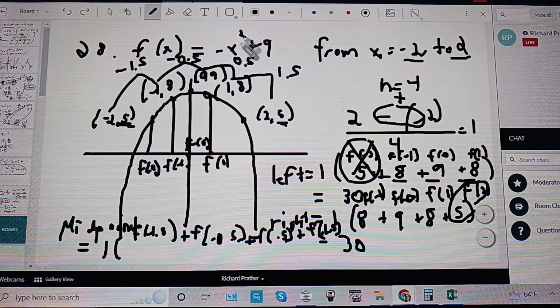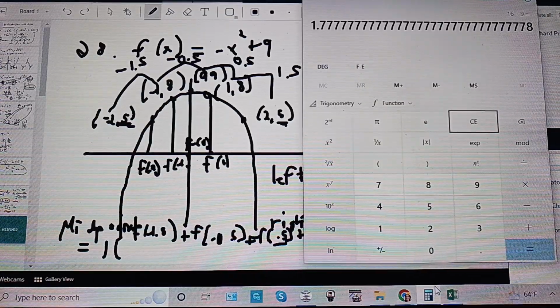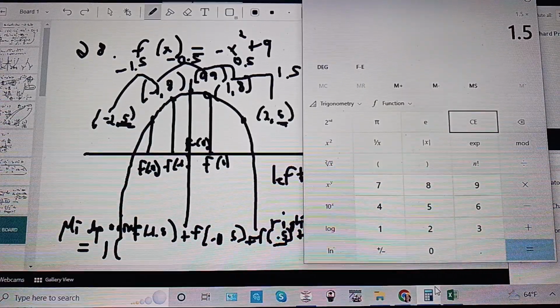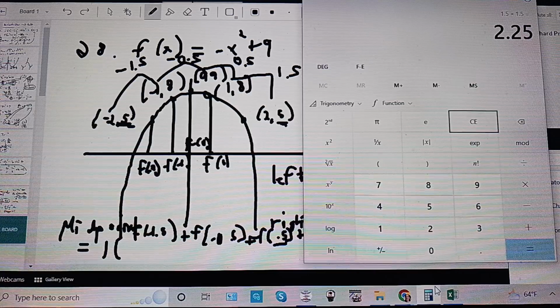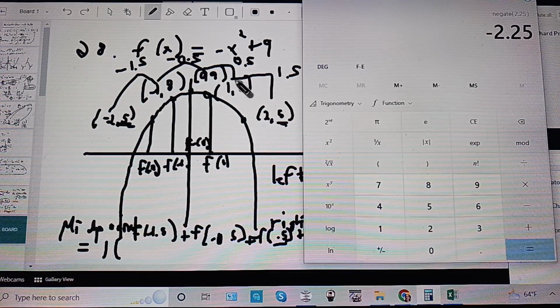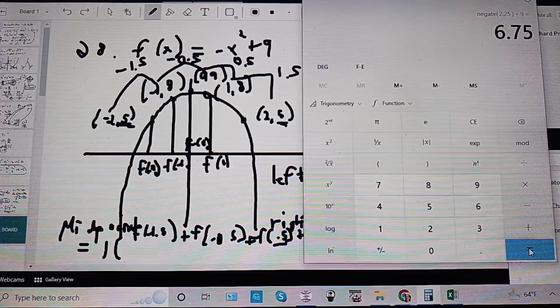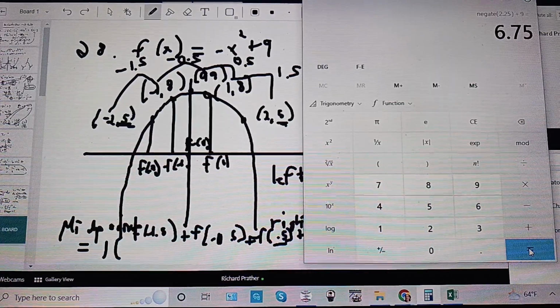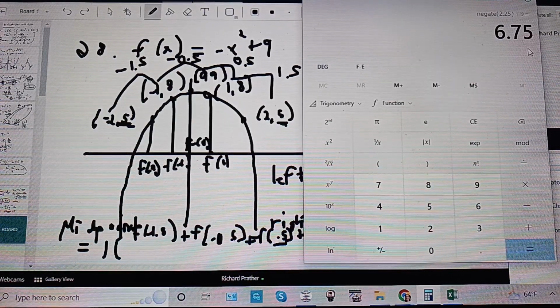And by the square, I can just do the 0.5 and the 1.5 and get the same answer for the negatives. So 1.5 squared is 2.25. And then you make it a negative, and then you add 9. So both f of 1.5 and f of -1.5 have an answer of 6.75.